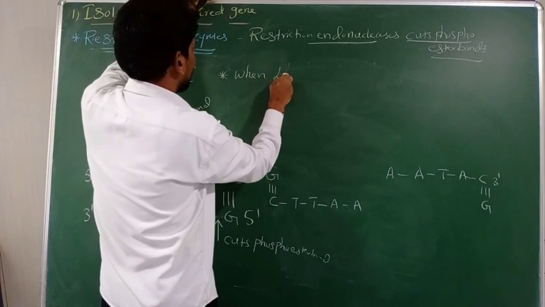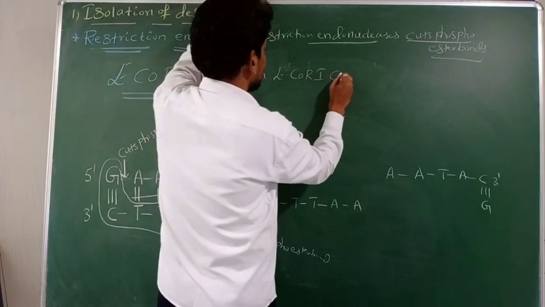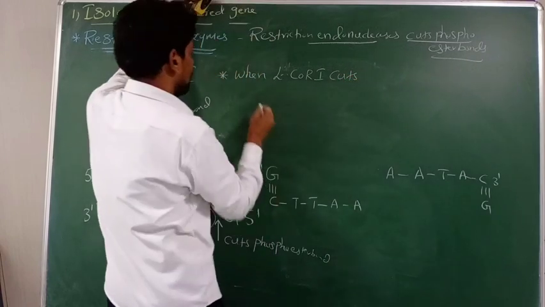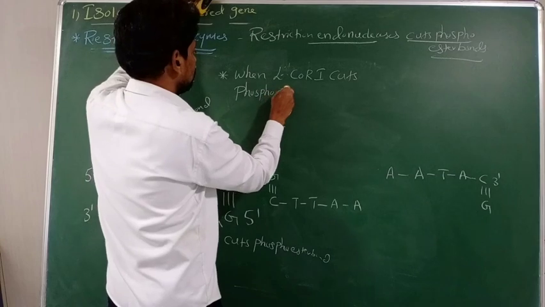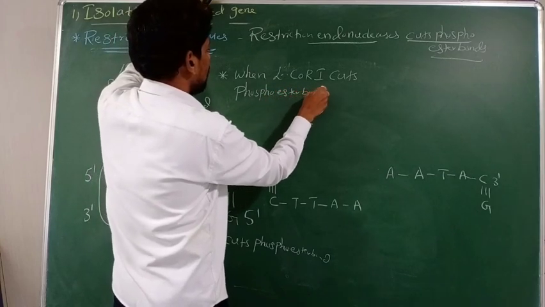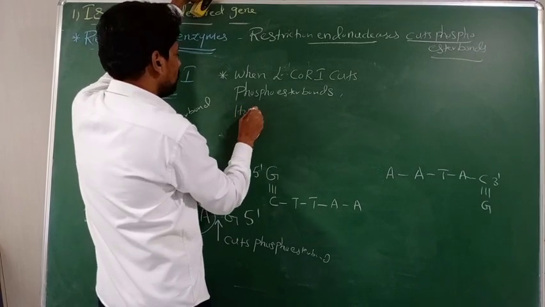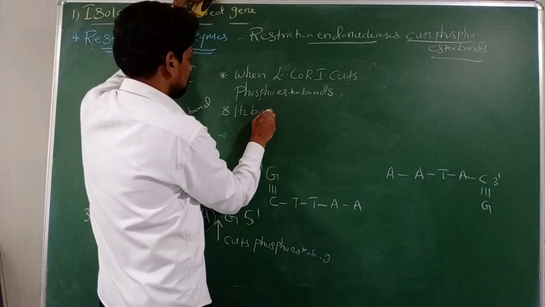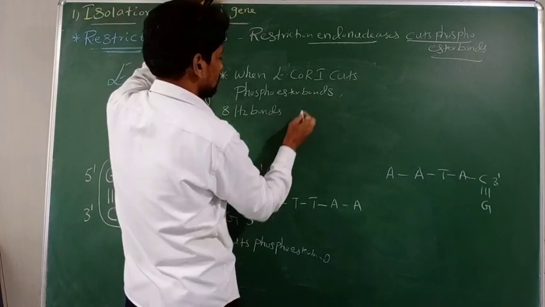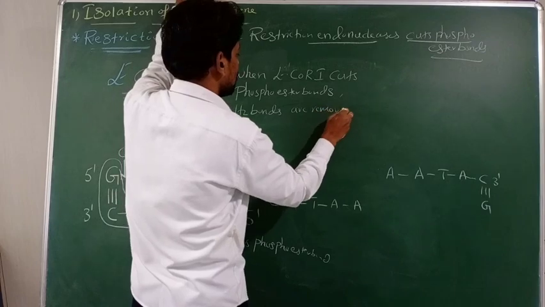When EcoRI cuts phosphoester bonds, 8 hydrogen bonds are removed.